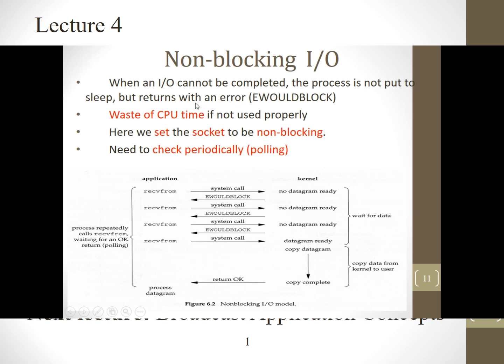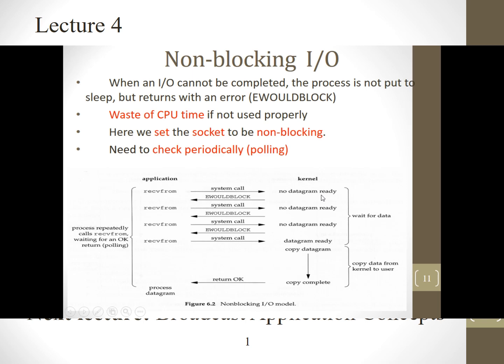And what is the error? What is the notification? It's the error would block. Let's look into the diagram. The application calls the system call receive from, and this goes to the kernel side and looks for some data, if the data has arrived. When it reaches there, it says no datagram ready.